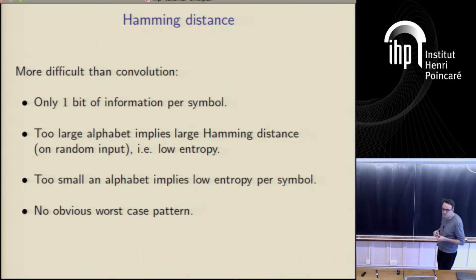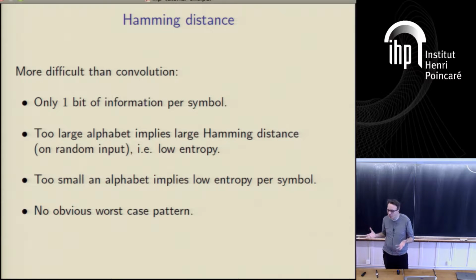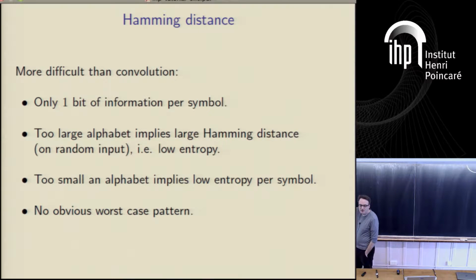But if the output size is small, then by our definition of conditional entropy of these outputs, the entropy can't be any larger than the entropy of the input. And so if the alphabet size is small, the entropy of the input is going to be small. So that's also bad. And it's also not at all clear what this worst case fixed string should be.